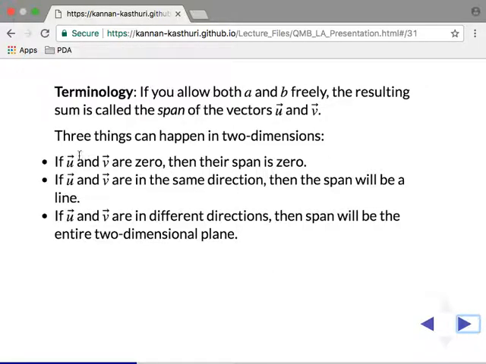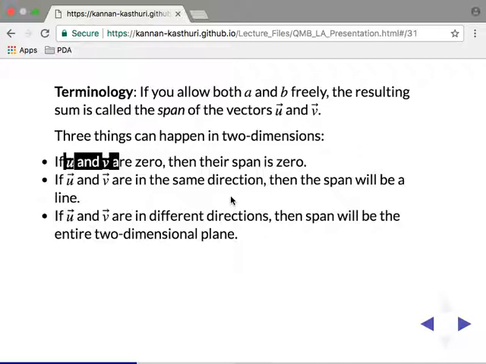And so three things can happen. One is that u and v are zero. In that case, the span would also be zero, because there's nothing happening there. u and v can be in the same direction. What would happen in that case?